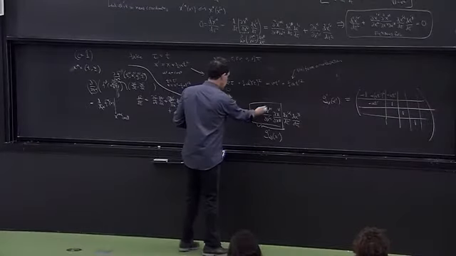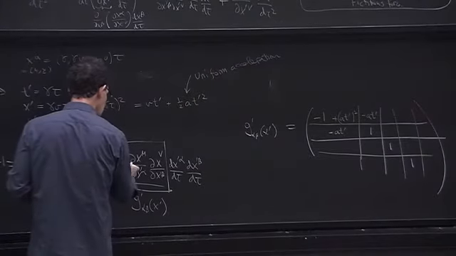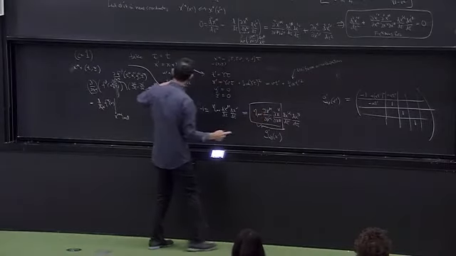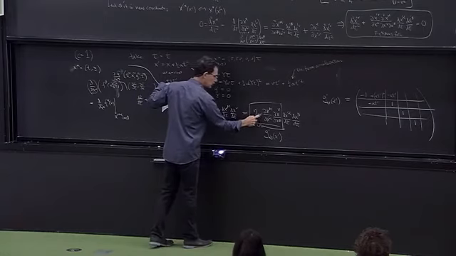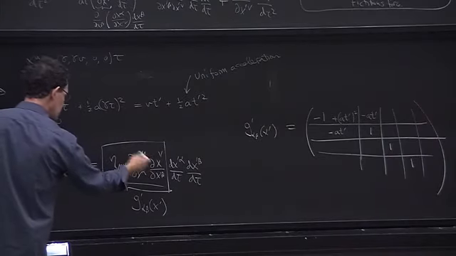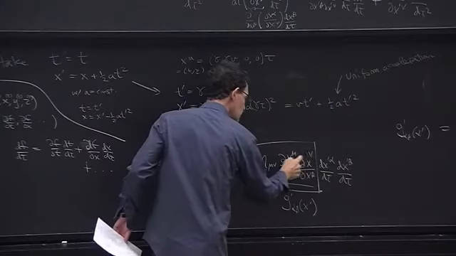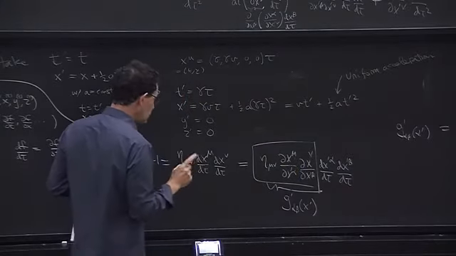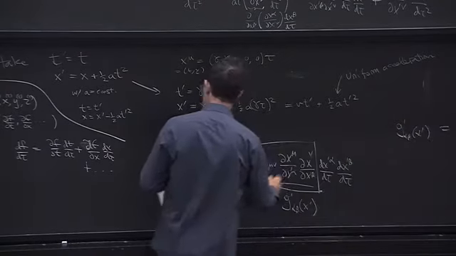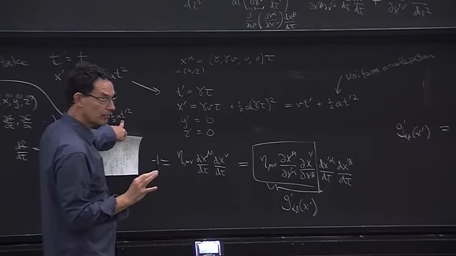Now, how do I calculate this? Well, let's do the 0, 0 component. This is minus 1 in the 0, 0 component. So I'm going to get dt dt prime. If these two are 0, this is t. So I get dt dt prime squared. So the first piece of this is minus 1, coming from these two indices both being 0. But notice that if these two are both 0, I still get something because dx dt prime is not 0.